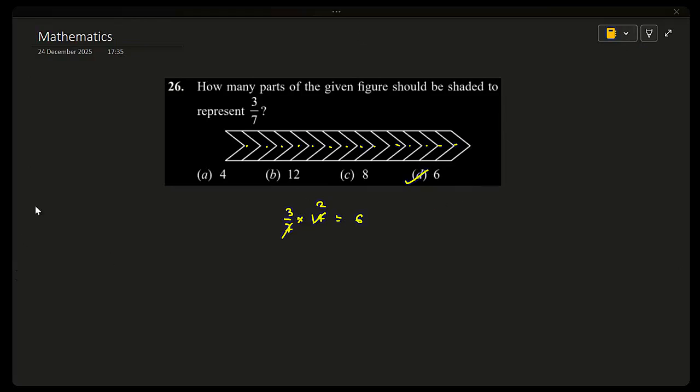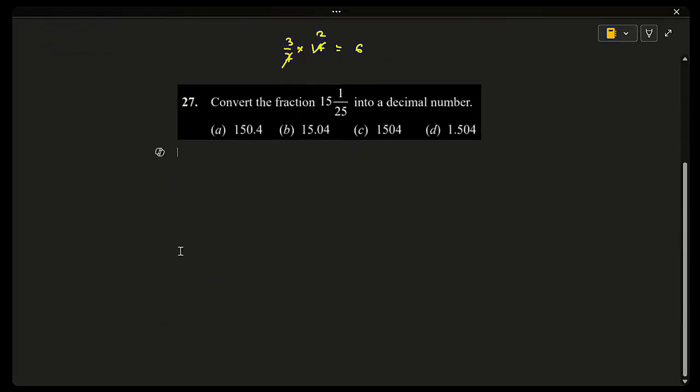27th one. Convert this mixed fraction 15 1 by 25 into a decimal number. Whenever a mixed number is there, you need not convert it into an improper fraction. You can just split it into the whole part and the fractional part.